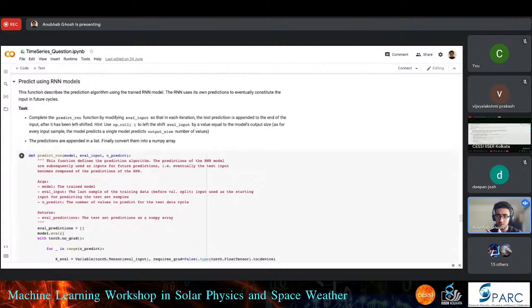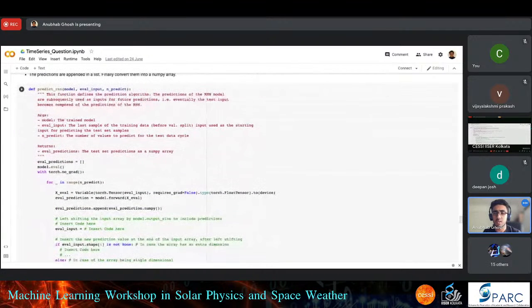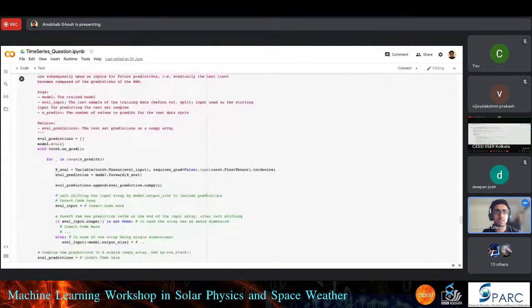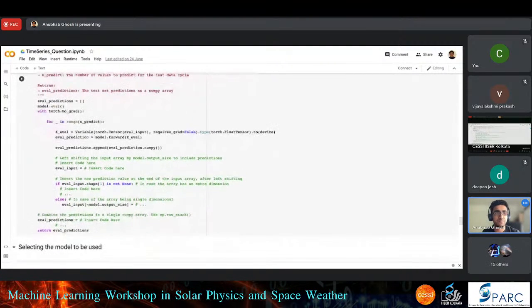So you shift the window by one step and then you predict the next point. This shifting and prediction is the operation that I would like you to code here. And this window can even shift by multiple points: if you predict multiple points ahead, you put those points in the window and shift it by the same number of points. That's usually how time series prediction works.